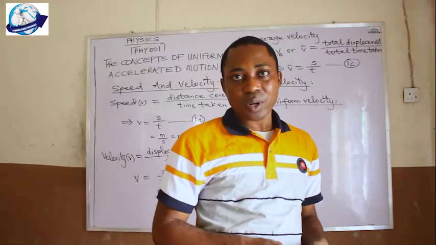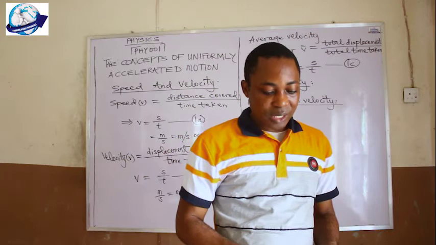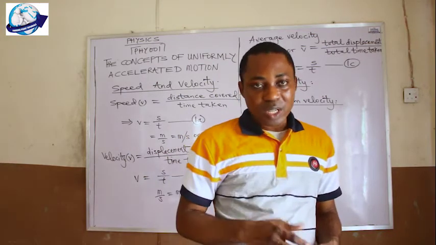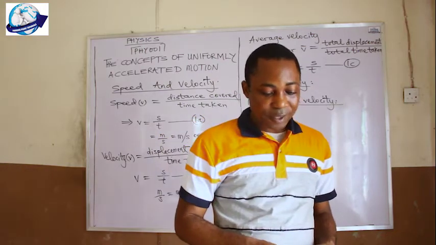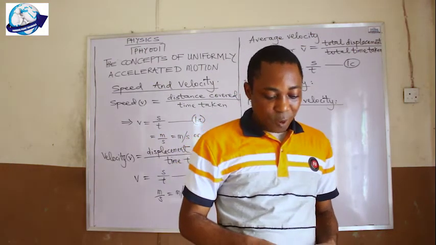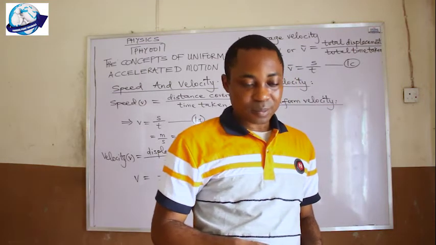Once again, what is non-uniform velocity? Non-uniform velocity is a motion situation in which the velocity of a body changes within a given interval of time, making the body cover unequal displacement in equal time interval.